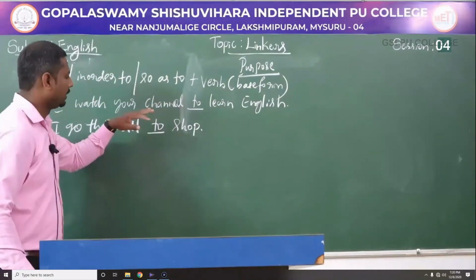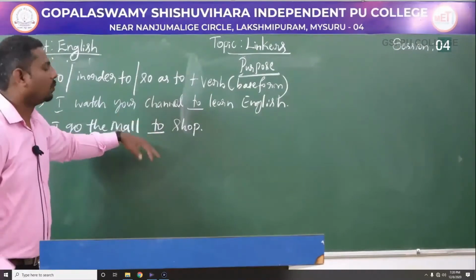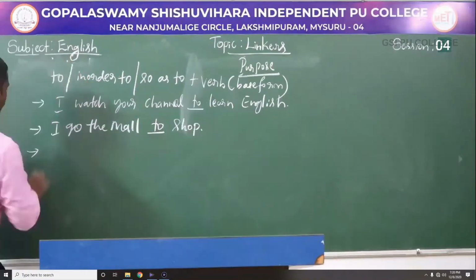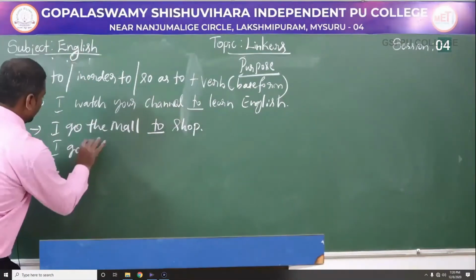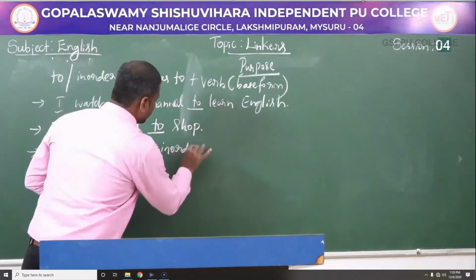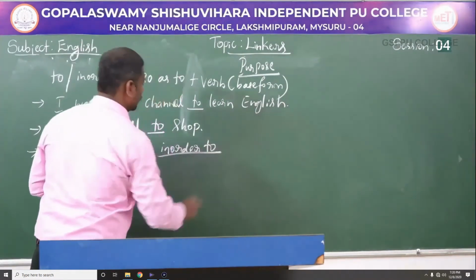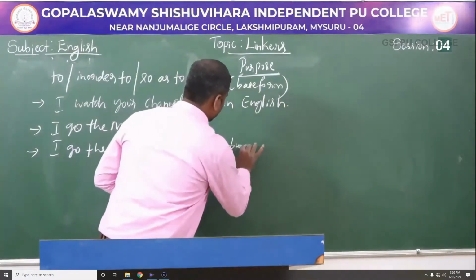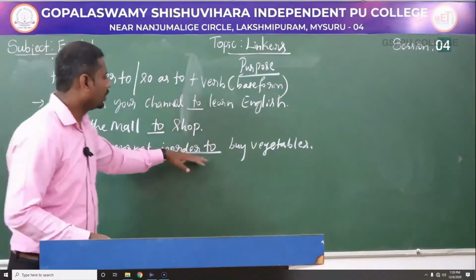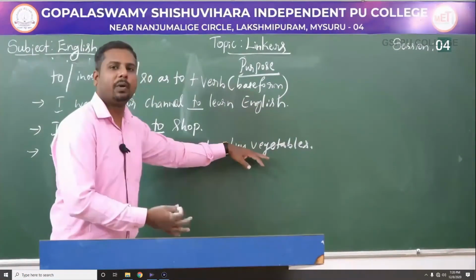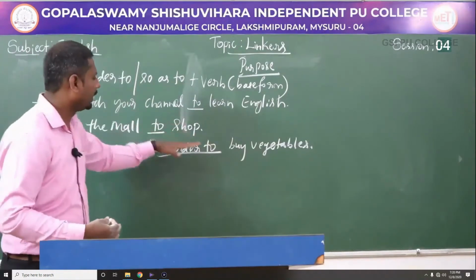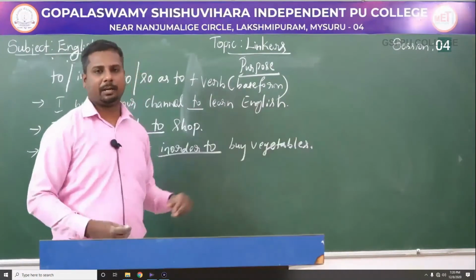So here the linker shows why you do that. So I go to the mall to shop. Similarly, in the next sentence, I go to the market in order to buy vegetables. So here the phrase in order to shows the purpose of doing the action. Why do you do that? I go to the supermarket in order to buy vegetables.